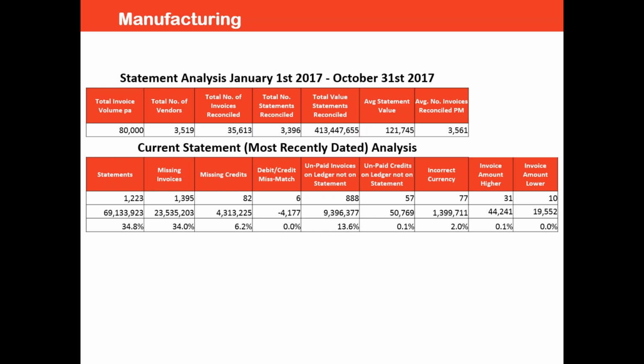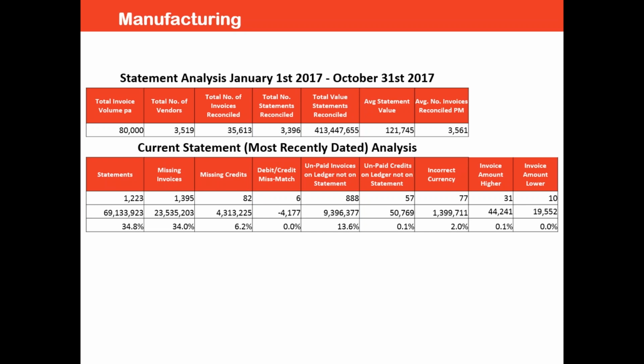And you can see they're doing about 340 statements per month. So they're doing about 1% of the vendor base per month, and about £500 million worth of spend. And then the next part, the current statement most recently dated. This is the analysis looking at the statements that are in the system now, which are the most recently dated.